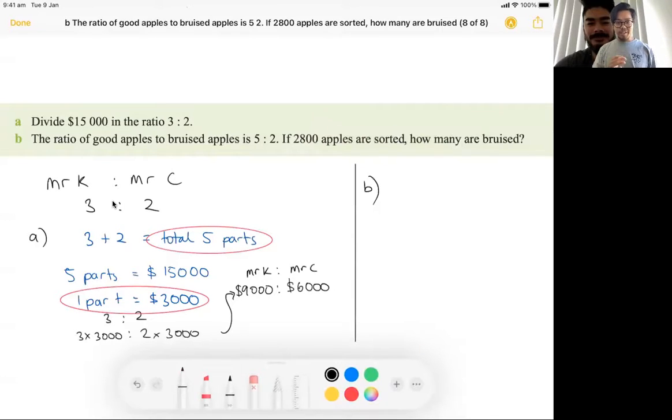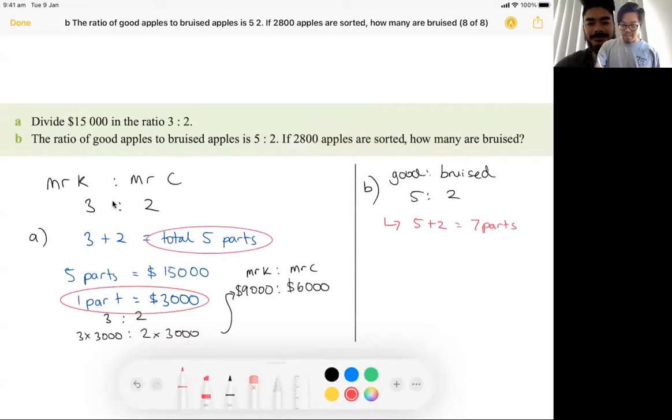It says here, a ratio of good apples to bruised apples is 5 to 2. So I'm just going to say good to bruised, and that's 5 to 2. That's just from the question. Now here I need to think, how many parts are there all together? 5 parts plus 2 parts. There's a total of 7 parts.